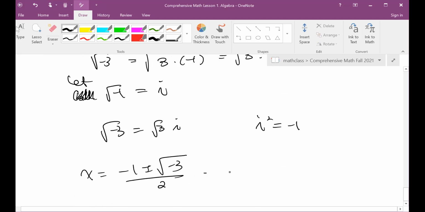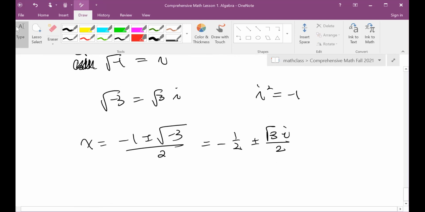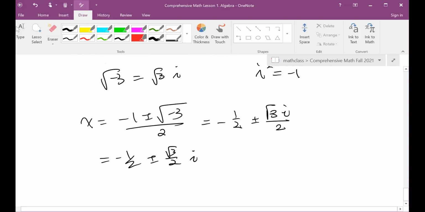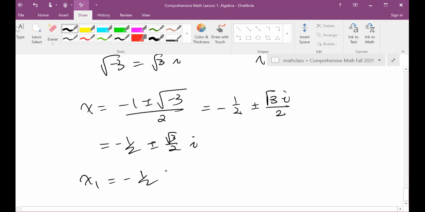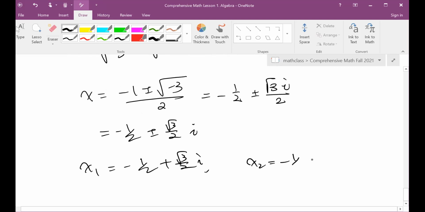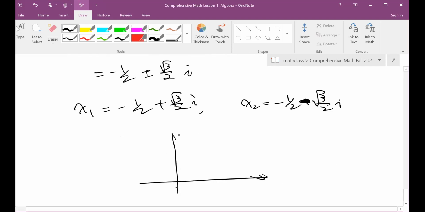I can describe it in the following way. Here the square root of -3 is square root of 3 times i. So you get two solutions. Okay, another solution, it's minus. Okay, so those are the two-dimensional numbers in the coordinate plane here.